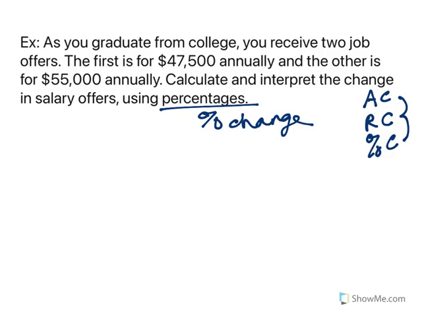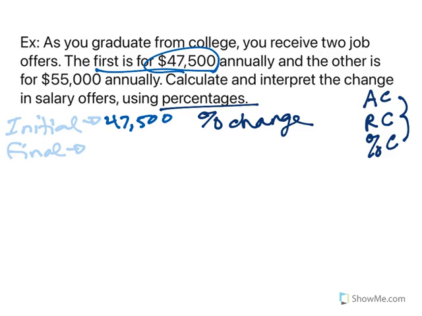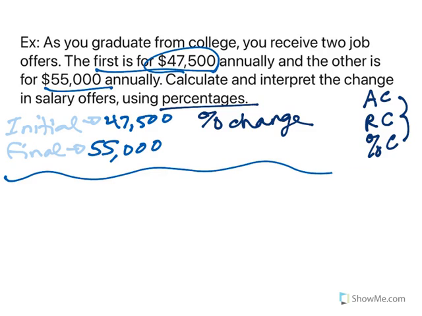So first, if we think about absolute change, we need to know our initial value and our final value, right? They're reference points. So I'm going to start by saying the first job offer I got will be my initial, $47,500. The final will be the second one for $55,000. Great. Now I can go ahead and play with values.